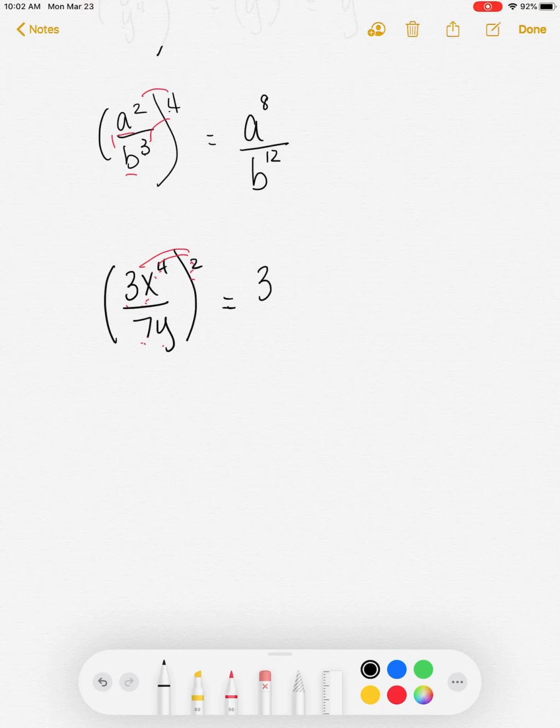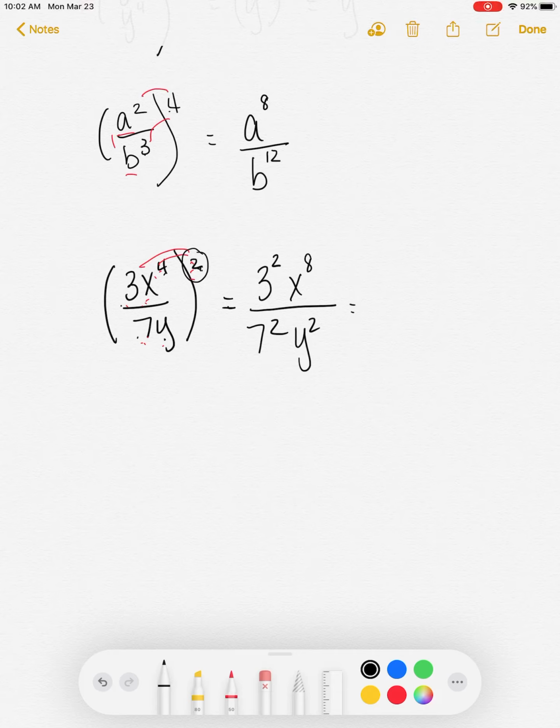I'm going to write out this step. Feel free to skip this if you're really comfortable with it. So 3 squared times x to the 4 times 2, which is 8, divided by 7 squared times y squared. Notice that every single term got squared because it was all in parentheses.